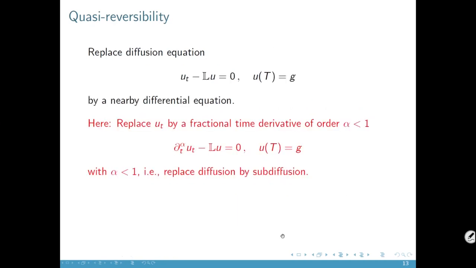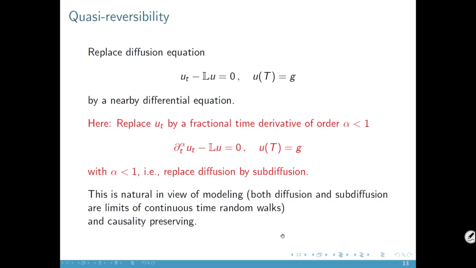Let me now show you our idea, or at least an idea that we followed up on, namely to replace this integer first order derivative by a fractional one. Sorry, there's a t too much. It should be d_t^alpha u. And so what we do is we replace diffusion by subdiffusion.